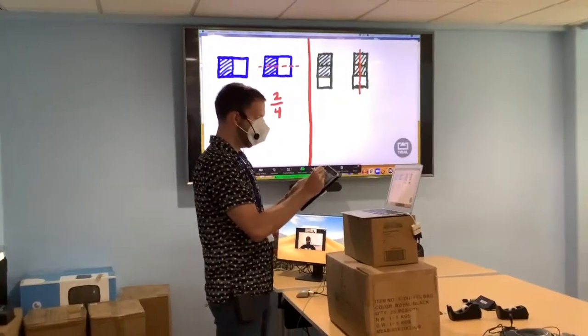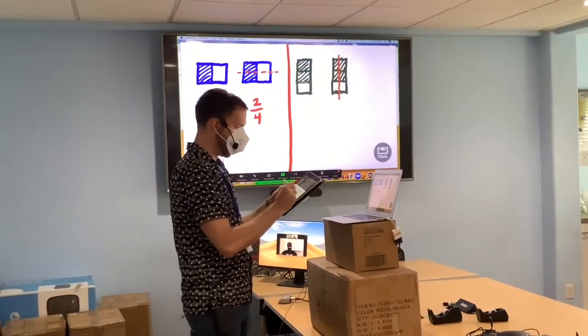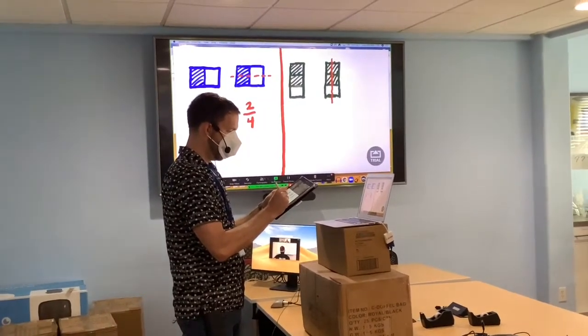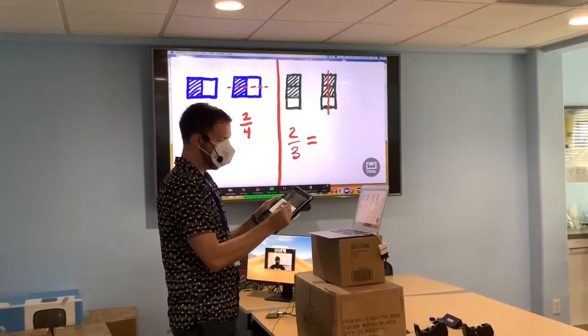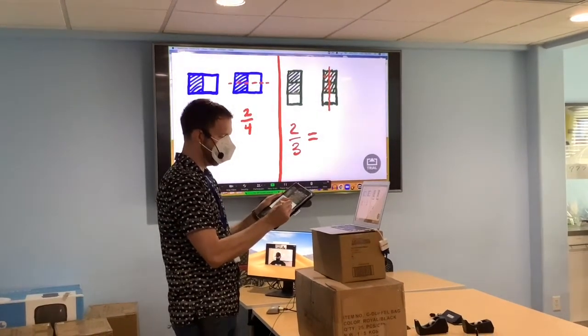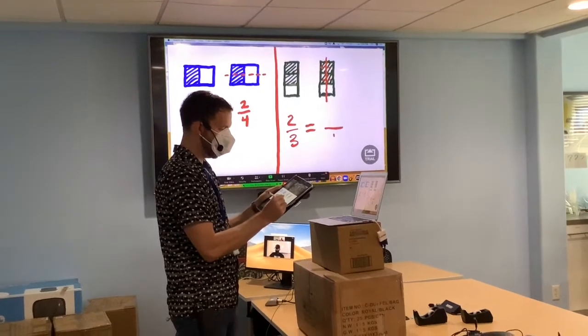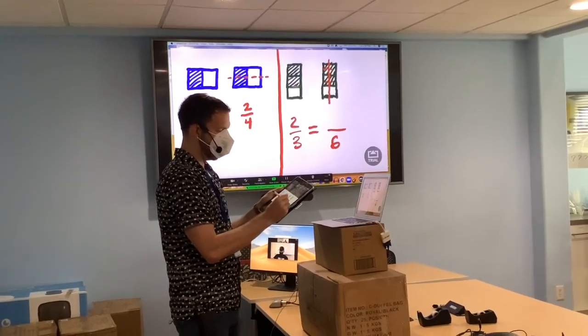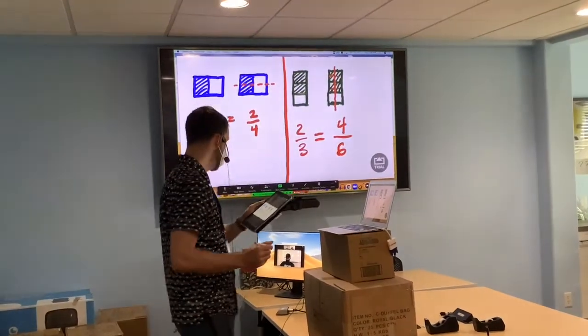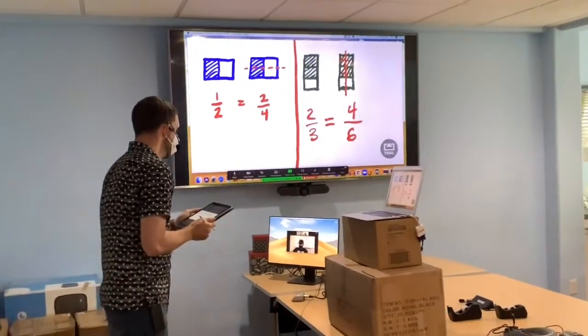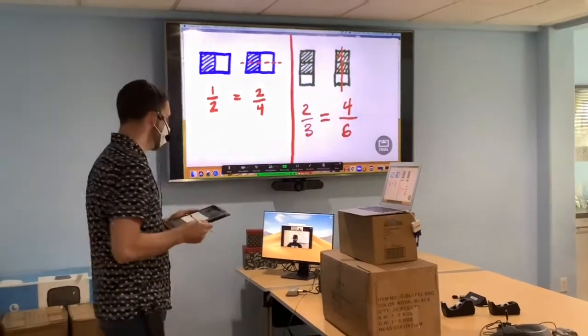And now we can write the fractions. 2/3 equals, now there's 6 equal pieces, which means sixths, and then 4 of them are colored in, which makes 4/6, okay? Correct yours on your whiteboard if you didn't get that one right.